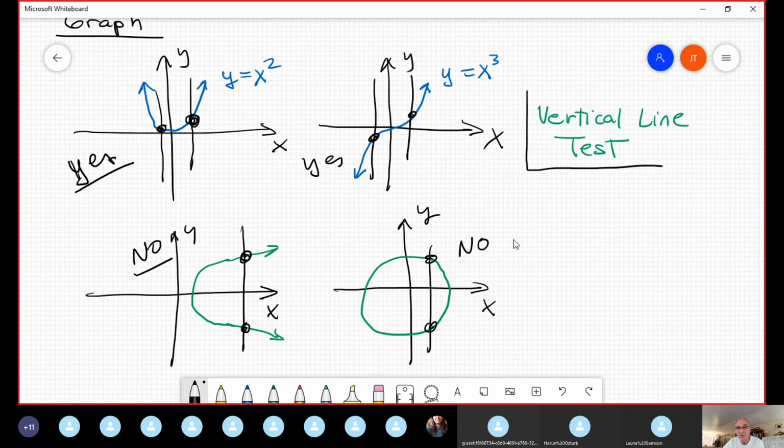For the vertical line test, you apply a hypothetical vertical line, not only in one position, you move it. Now try to understand this. Do you understand the theoretical part? Look at that. Suppose this x value is somehow associated with two y values.